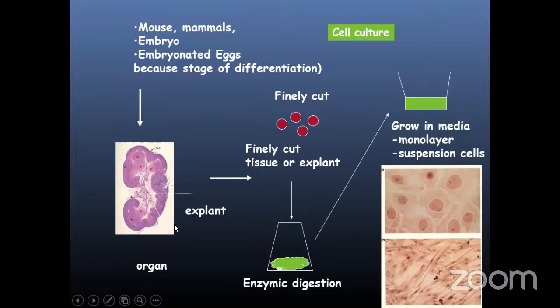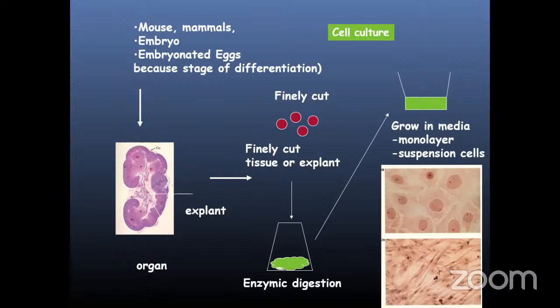You are not taking the complete organ, just some part of it, and that tissue can be finely chopped mechanically, that is manually, using equipment. Even after chopping, you cannot get individual cells because the cells are very small and not visible to the naked eye. So first we chop them into small pieces.